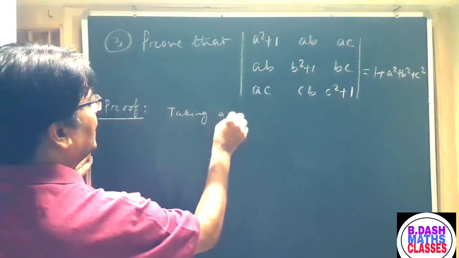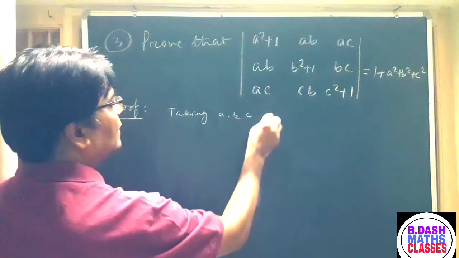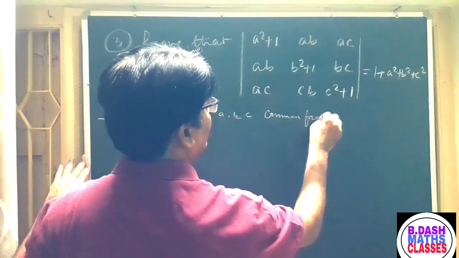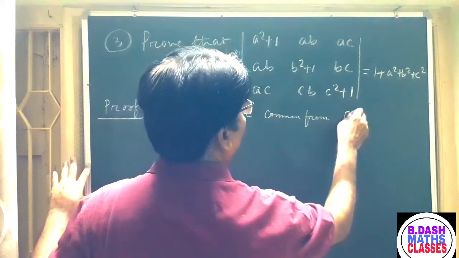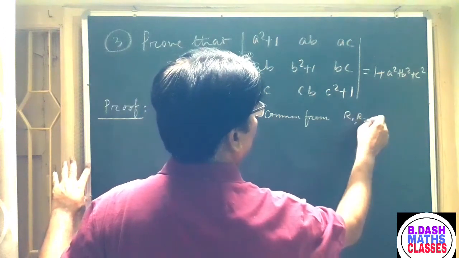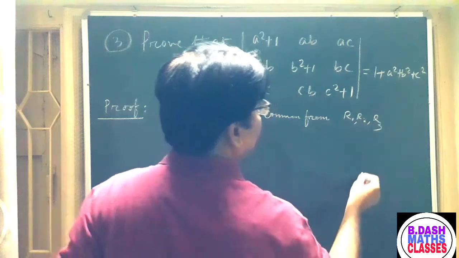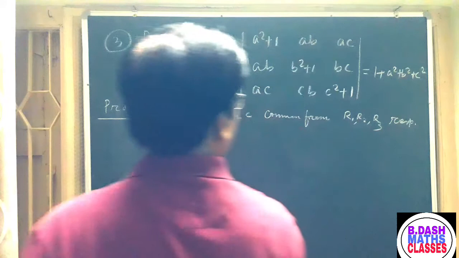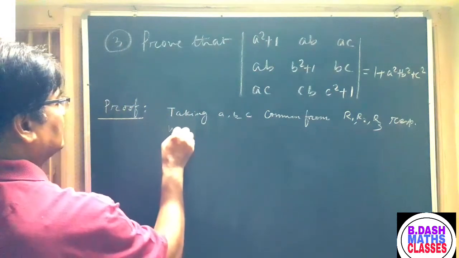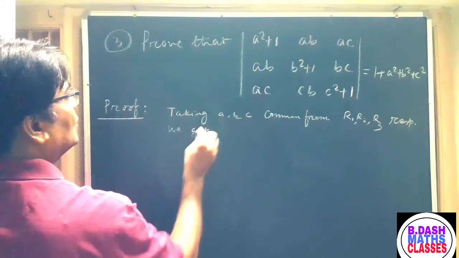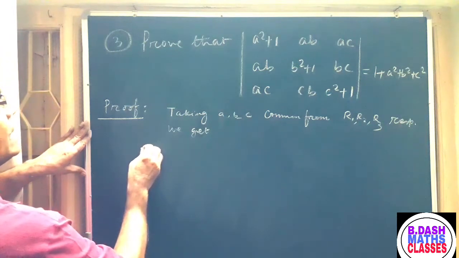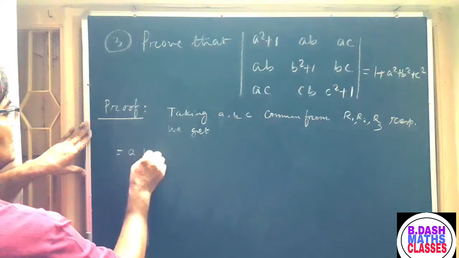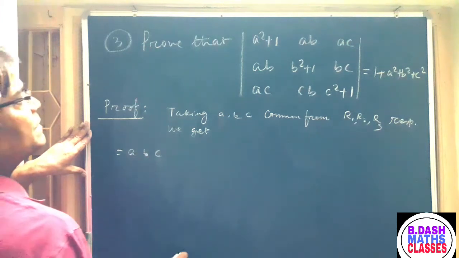Taking a, b, c common from row 1, row 2, row 3 respectively, we get this. We are taking common a from the first row, b from the second, c from the third row.